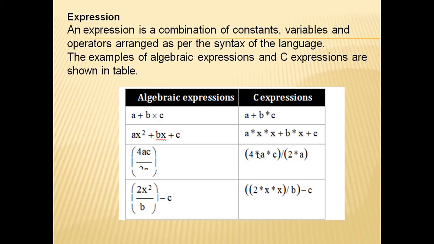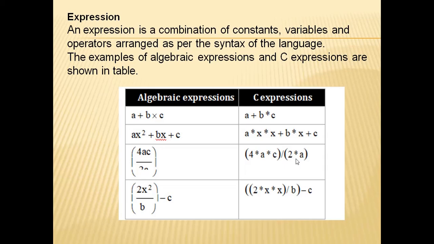So here the asterisk is the operator, whereas 4, a, c, 2 are the operands. The asterisk and this division symbol are the operators, and these are the operands.